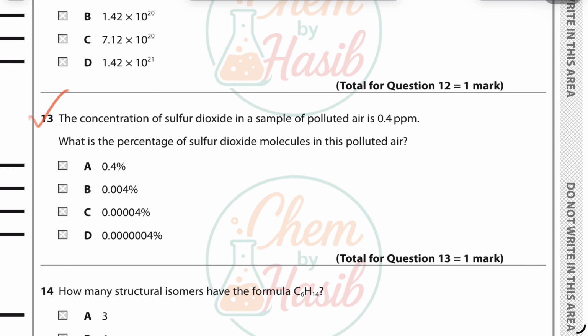Now if you want to convert ppm into percentage, it's a very easy way. You remember we studied in our class that ppm can be calculated from percentage. ppm equals percentage multiplied by 10 to the power 4. That is, if you multiply the percentage by 10 to the power 4, or 10,000, it turns into ppm, right?